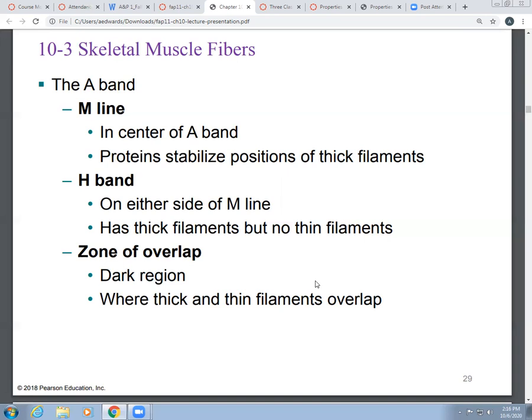The H band is on either side of that M line, so just still in the center, but just a little bit past the M line. And there you'll see thick filaments, but not thin filaments, okay? Then you can see a zone of overlap, and it's dark. And it's dark because you have essentially an overlap of thin and thick filaments. Okay? So that's your M line, your H band, and your zone of overlap.